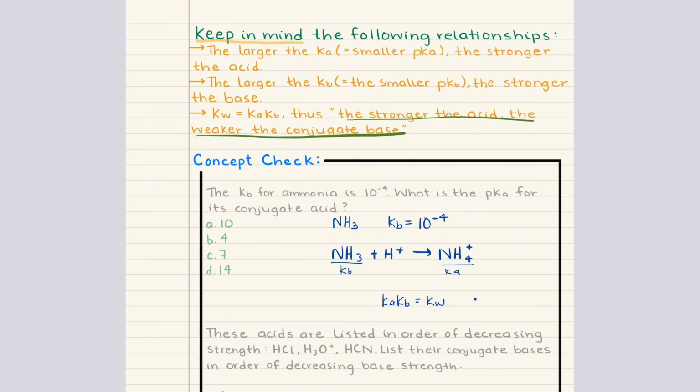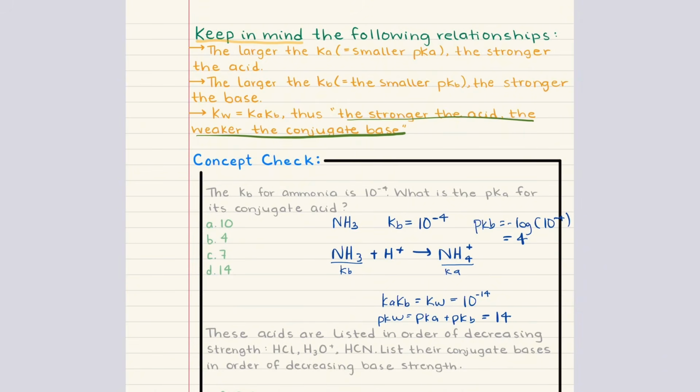At room temperature, Kw is 10 to the negative 14, which on the P scale is pKw equals 14. It's faster to work on the P scale, so that's what we're going to do here. pKb is the negative log of Kb, so pKb equals negative log of 10 to the negative 4, which is 4.